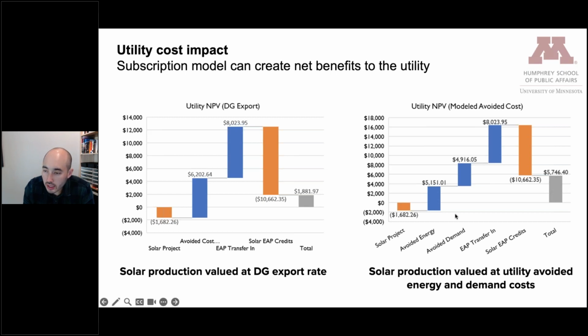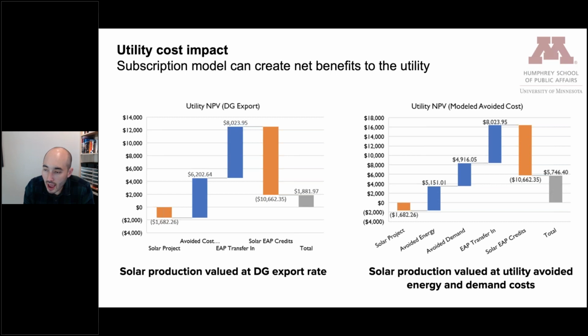Then the figure on the right takes this one step further by saying, let's not look just at the utility's avoided cost rate, but actually look at what their simulated avoided purchases would be at the utility's avoided energy and demand charges. And as I mentioned earlier, we spent a lot of time trying to figure this out, but these demand charges fluctuate quite a bit from year to year.